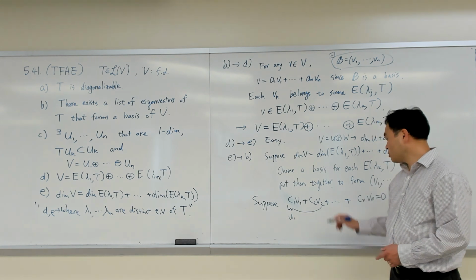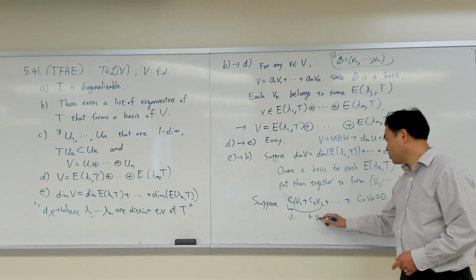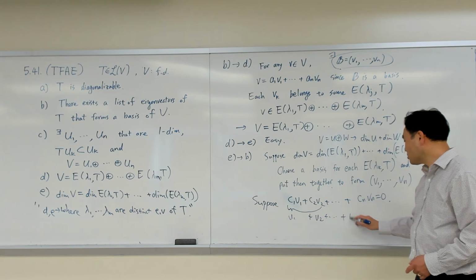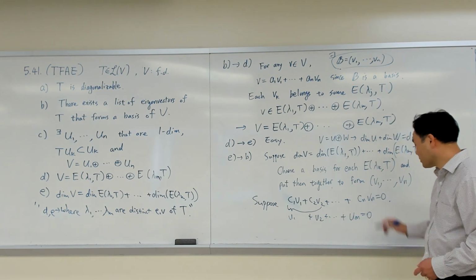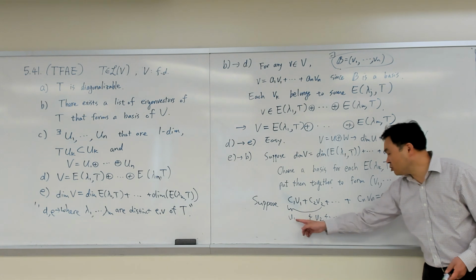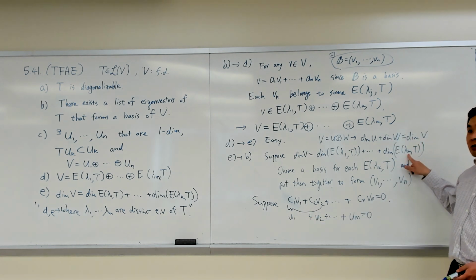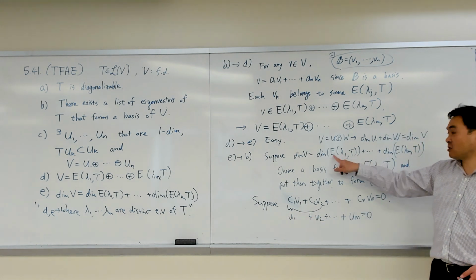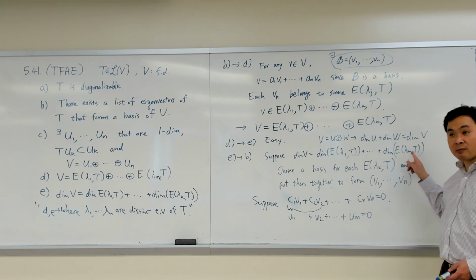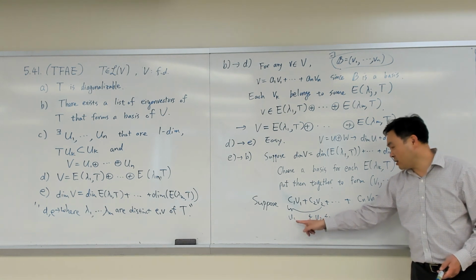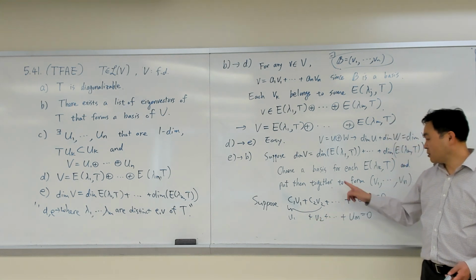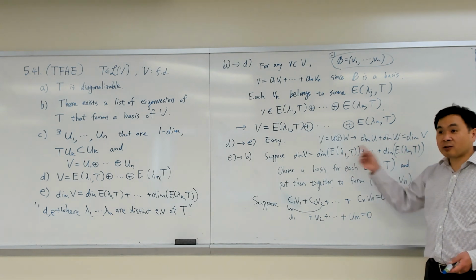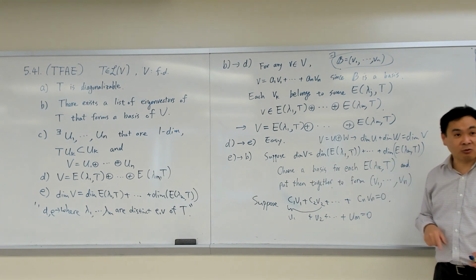You can do that, u2, and then eventually you're going to get u1 plus through um equals 0. So each of the u1 through um are from the eigenspaces of lambda 1 through lambda m, right? Well, wait, these are from eigenspaces of different eigenvalues. That was our assumption, right?